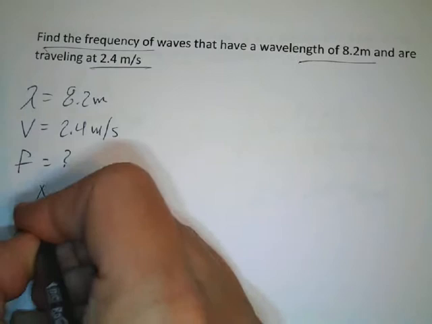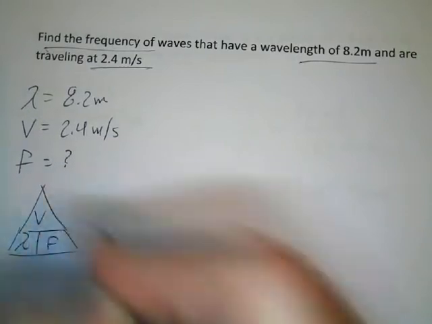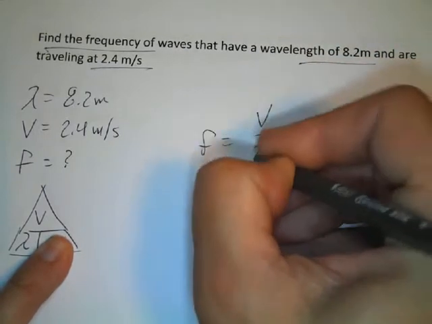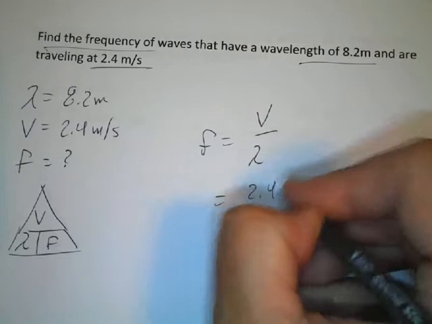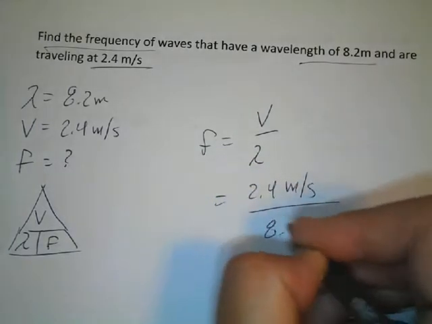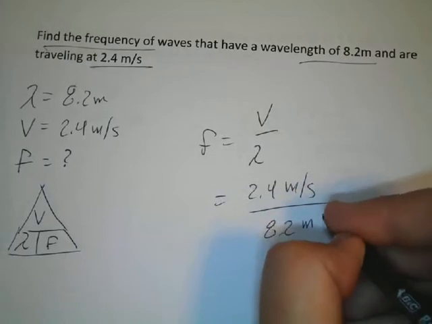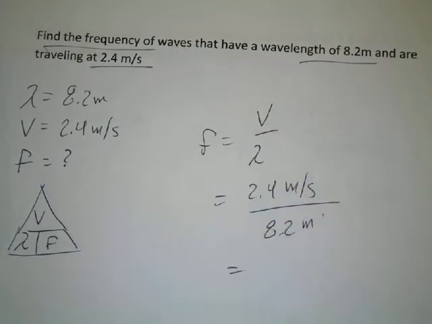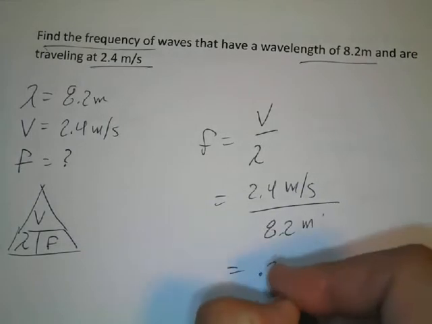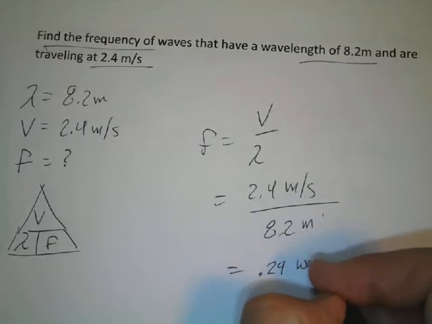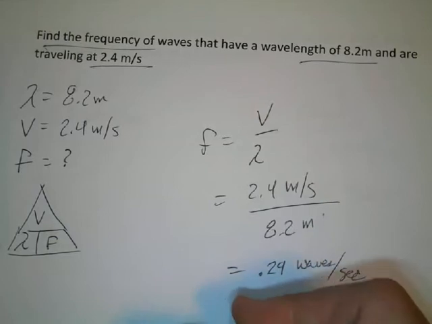So frequency is equal to velocity over wavelength. Plug in the numbers. Run it through. 0.29 waves per second, which is equal to 0.29 hertz. Remember that a wave per second is a hertz.